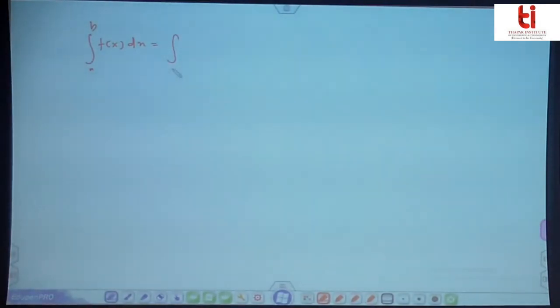So this integration from x0 to x1 of f(x) dx plus x1 to x2 of f(x) dx, up to xn minus 1 to xn of f(x) dx. Now apply the trapezoidal rule here.